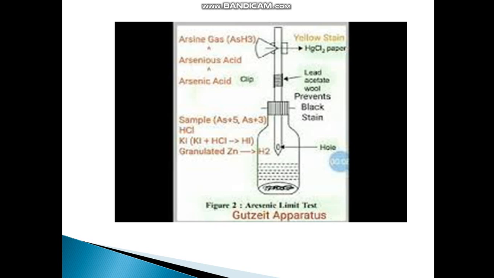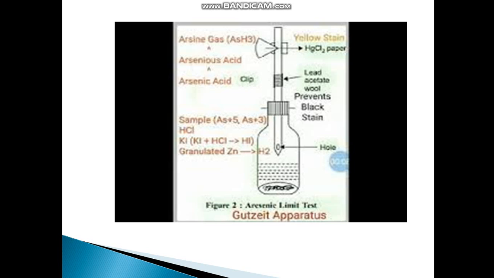See this diagram. This is called Gutzeit apparatus, as the reaction is called Gutzeit test. Here, the sample along with the reducing agent is placed in the lower portion of the apparatus. This portion is connected to a tube-like fissure.